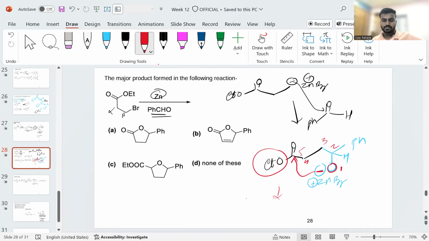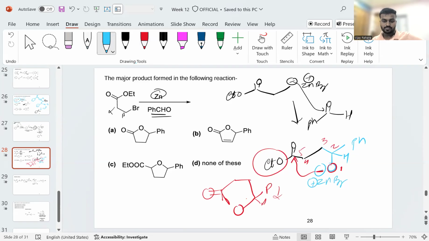And if you look at this 5-member ring structure, there will be a hydroxy group, which has the hydrogen and the phenyl ring. 1 carbon, 2 carbon, 3 carbon, and there is a carbonyl group, right? So if you look, just give the numbering.